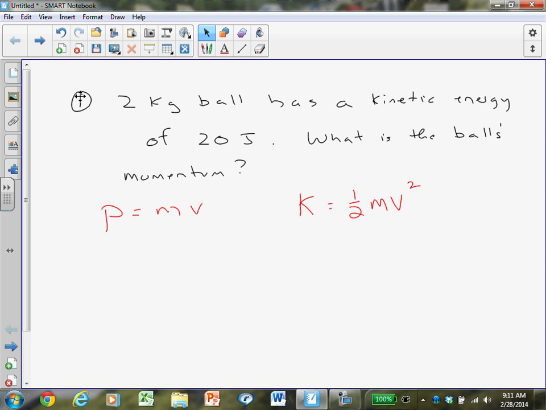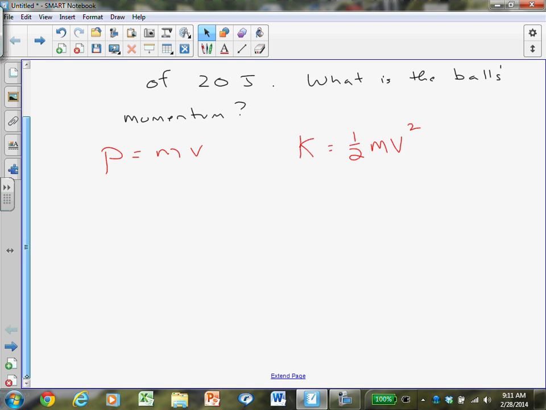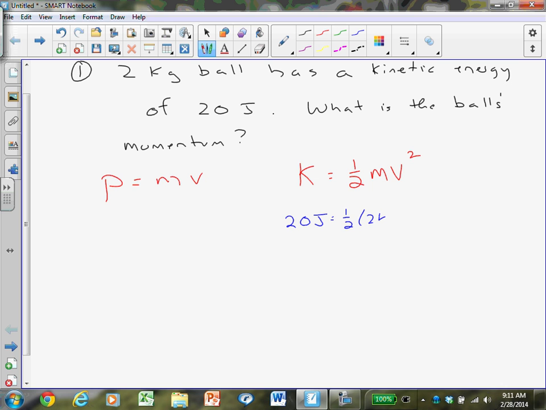Solve for V with kinetic energy. Okay. So I know 20 joules is 1/2 mass of 2 kilograms times V squared, right? Multiply the 2 over. Oh, and then divide by 2. What's a joule over kilogram? A meter squared per second squared.